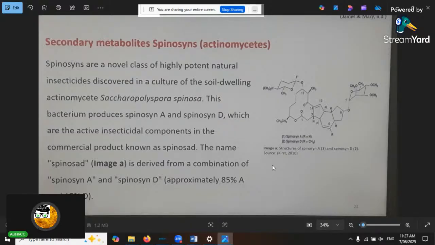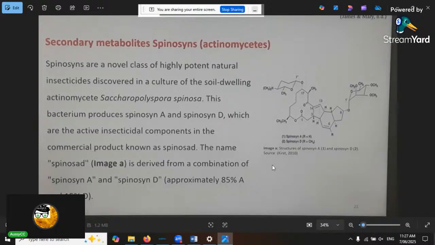So the bacteria has this little chemical inside of its gut, and they extract that through secondary metabolite processes in batch culturing and derive this spinosad. When you get spinosad, on the side of the bottle it'll say the dilution rate, and it's really low. It's very, very effective, and it's organic as well.